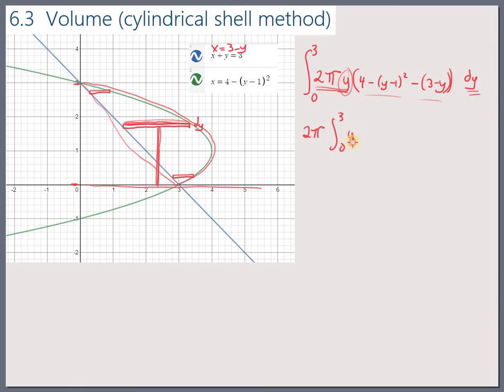And for the moment, I'm just going to leave this multiplied y right there. I'm just going to say this is 4 minus, and I do have to do a little multiplication here to multiply that out. So that's going to be y squared minus 2y plus 1. Keep in mind that's still inside the parentheses because it's still all subtracted. And then I'll distribute this minus sign here. So it'll be minus 3 plus y dy on the end.